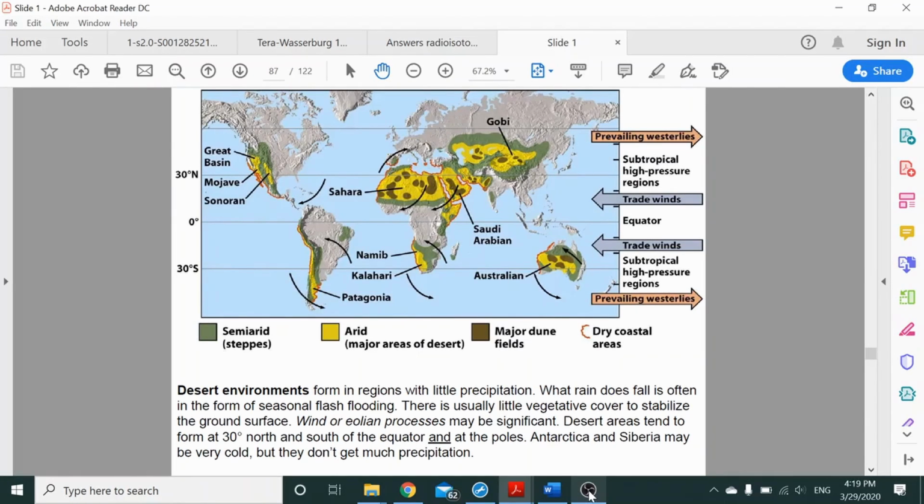This is a global map. So we all know that if precipitation happens, the water vapor in the atmosphere condenses and becomes rain, the liquid phase, and then precipitates on the Earth's surface.